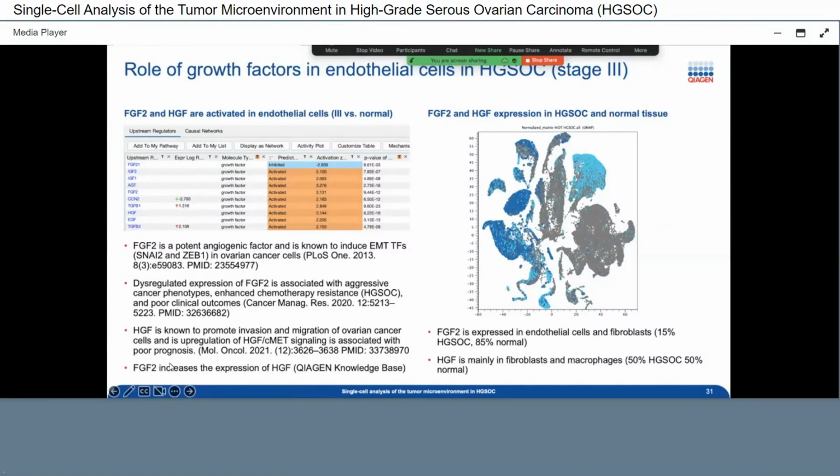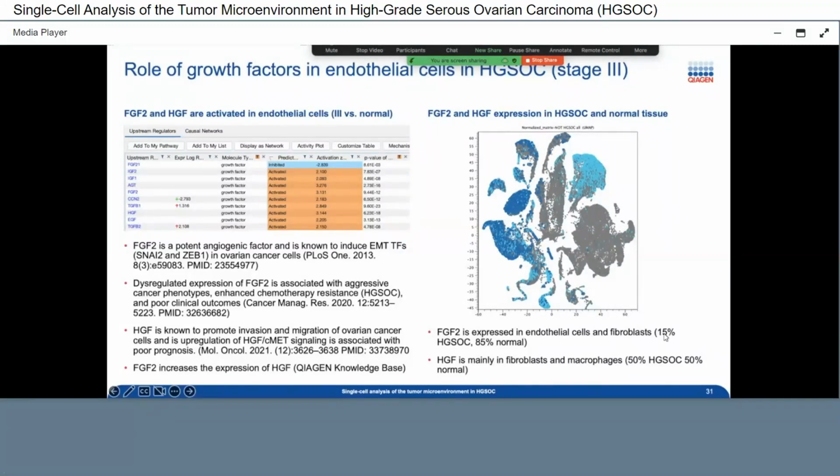I can dig a little bit further. When I look at my IPA and I build the connection between FGF2 and HGF, which is not necessarily obvious here, we know that FGF2 increases expression of HGF, and I can do that because I have the knowledge base at my disposal when I use IPA. Let's look at the expression of these two genes. FGF2 is expressed in the endothelial cells, heavily in the fibroblasts, right?